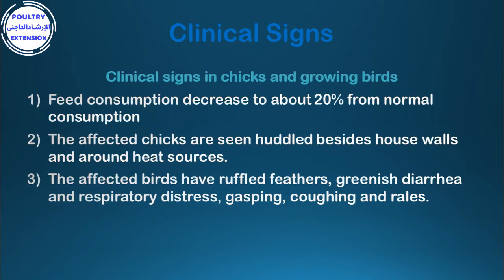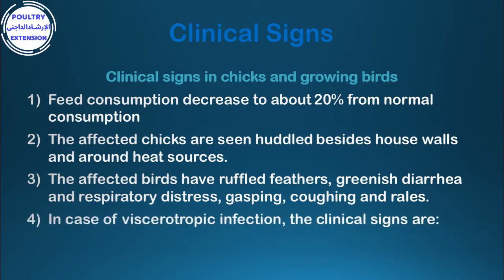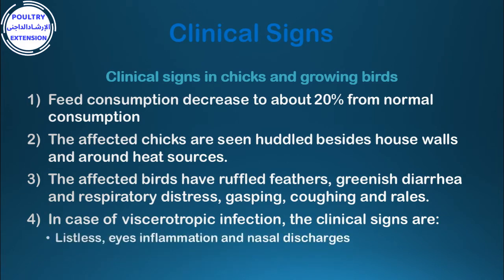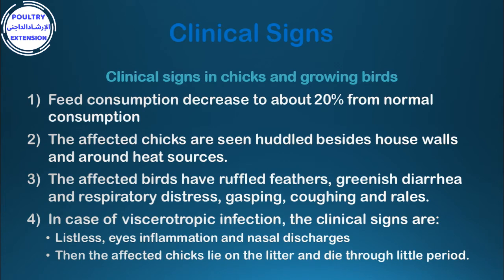The affected birds have ruffled feathers, greenish diarrhea, and respiratory distress: gasping, coughing, and rales. In case of viscerotropic infection, the clinical signs are listlessness, eye inflammation, and nasal discharges. Then the affected chicks lie on the litter and die within a short period.